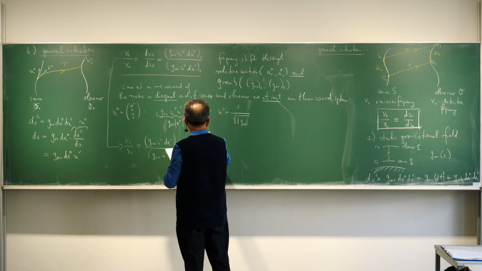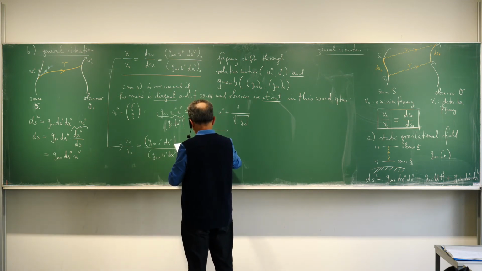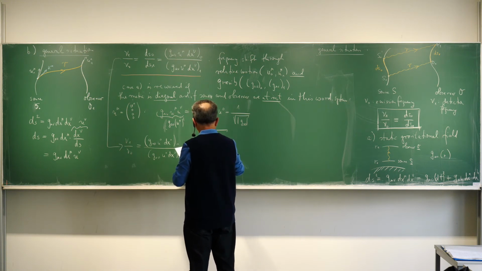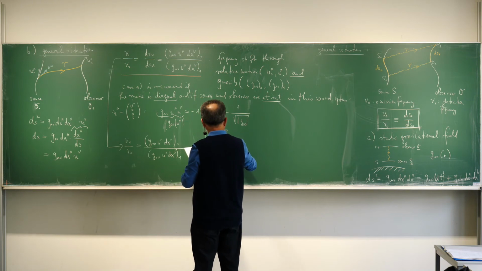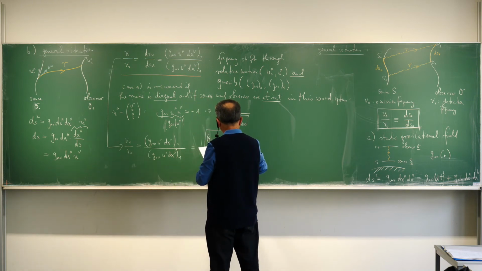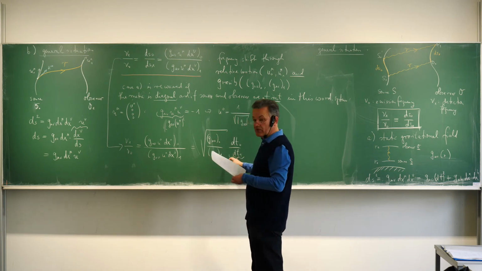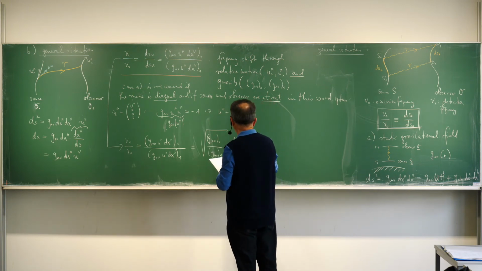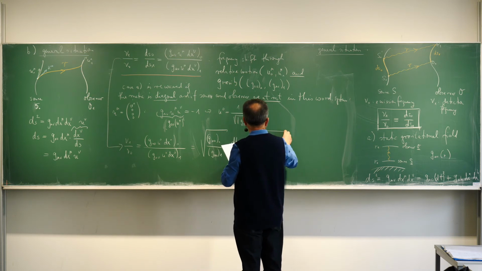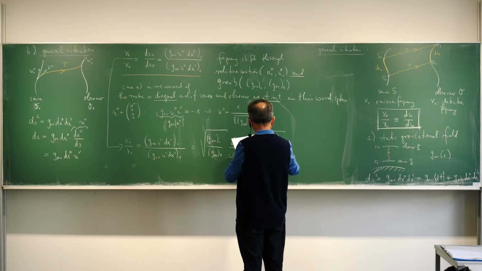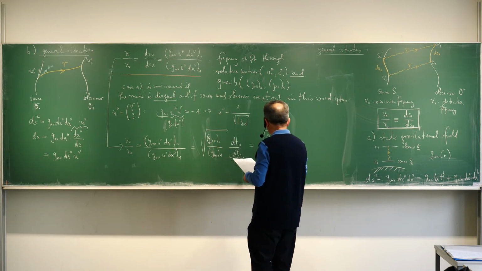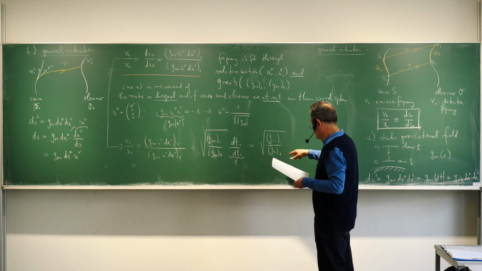So this is the square root of g00 at 0 over g00 at 1 times dt0 over dt1, but in the static situation we have seen this is 1, so we have then just the expression square root of g00 at 0 over g00 at 1, which is our old expression that we got.